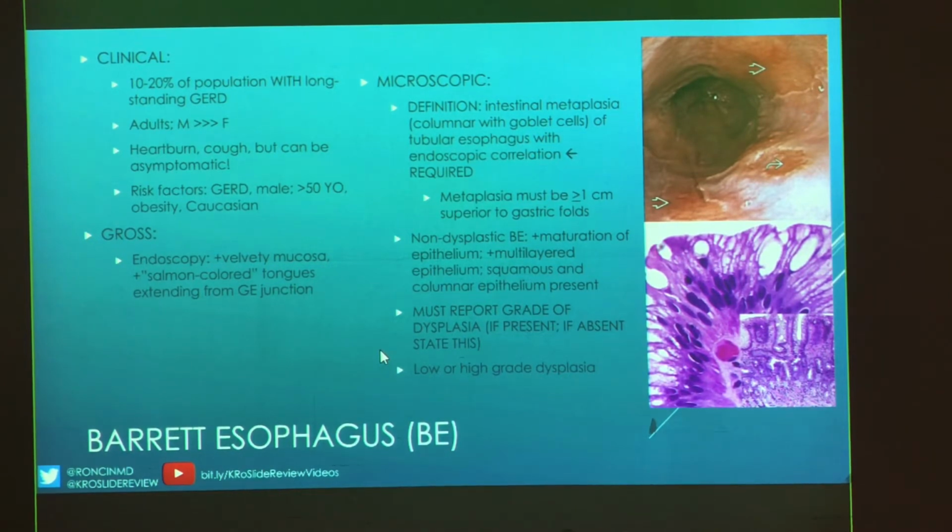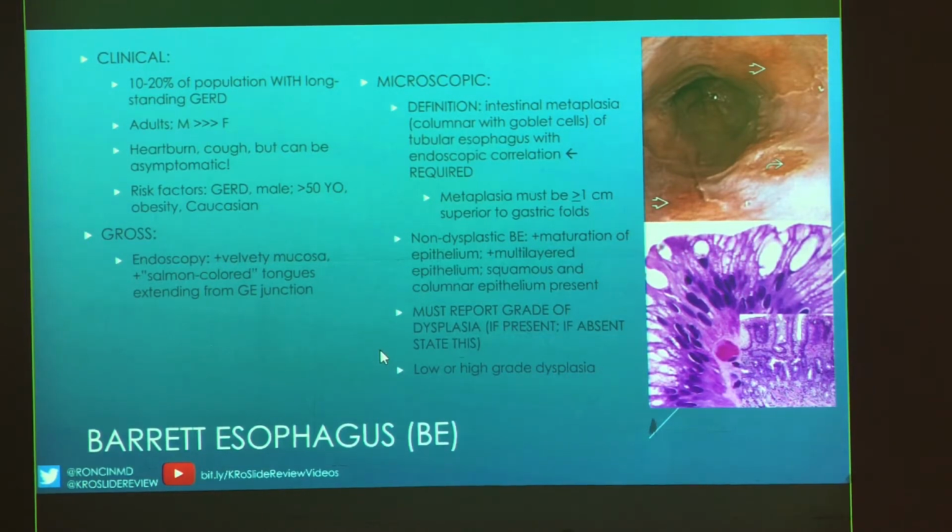and also obesity. On endoscopy, they have some very specific findings, such as salmon-colored tongues, a fluffy pink color, more hyperemic than regular esophageal mucosa.